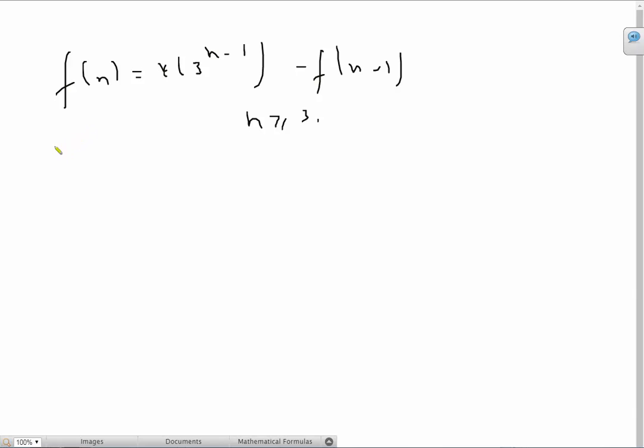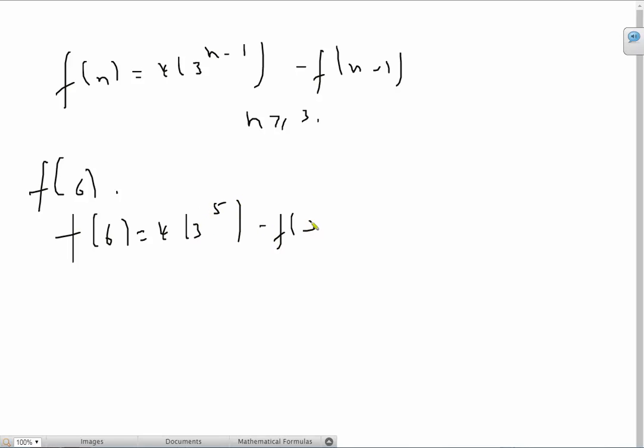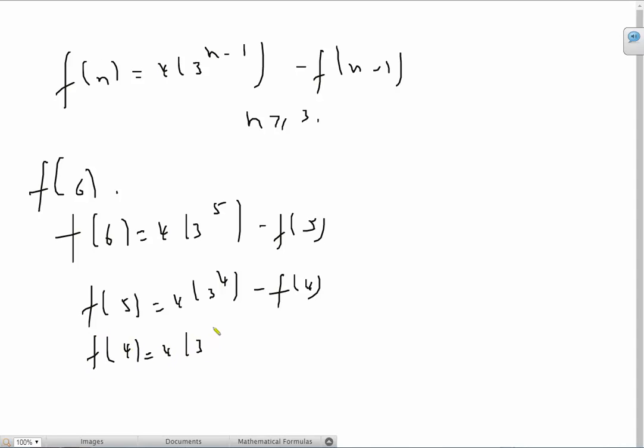And since we want to find out the number of ways we can color 6 sections, we have to find out f of 6. So f of 6 equals 4 times 3 raised to 5 minus f of 5, and f of 5 equals 4 times 3 raised to 4 minus f of 4, f of 4 equals 4 times 3 raised to 3 minus f of 3.